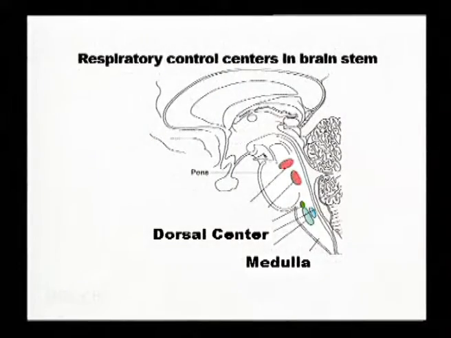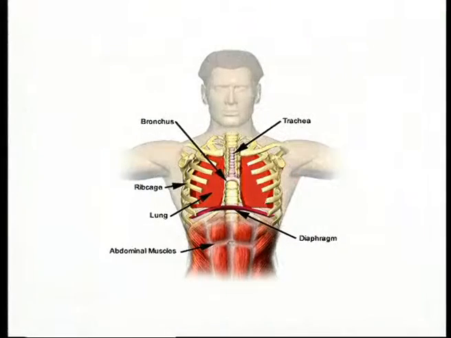But how? During normal breathing, the dorsal center sends the impulse through a nerve fiber to the diaphragm muscles. As you are seeing on your screen, the diaphragm muscles contract and it becomes flat. That means inspiration occurs. It is normal inspiration.